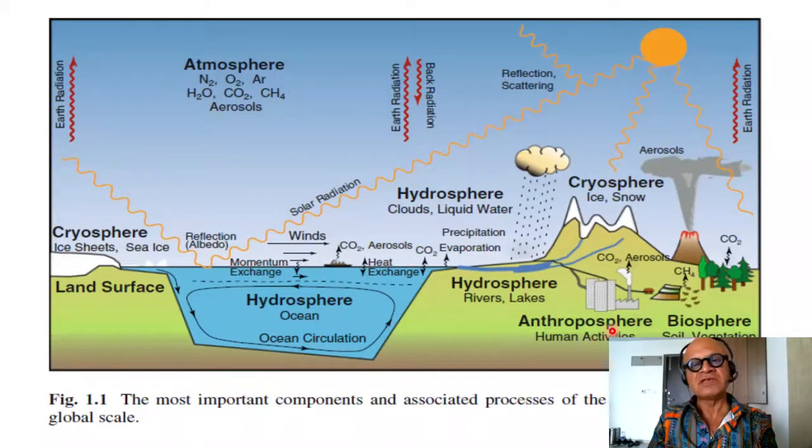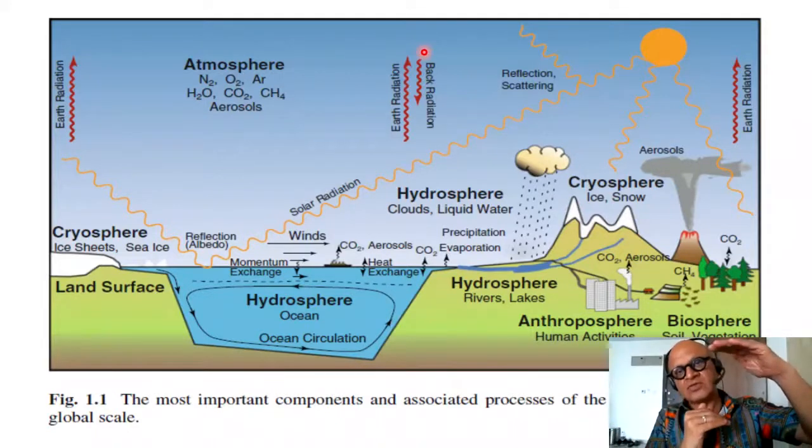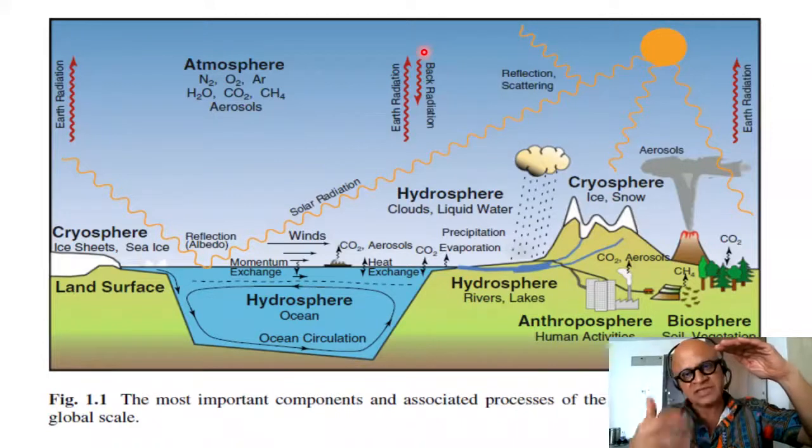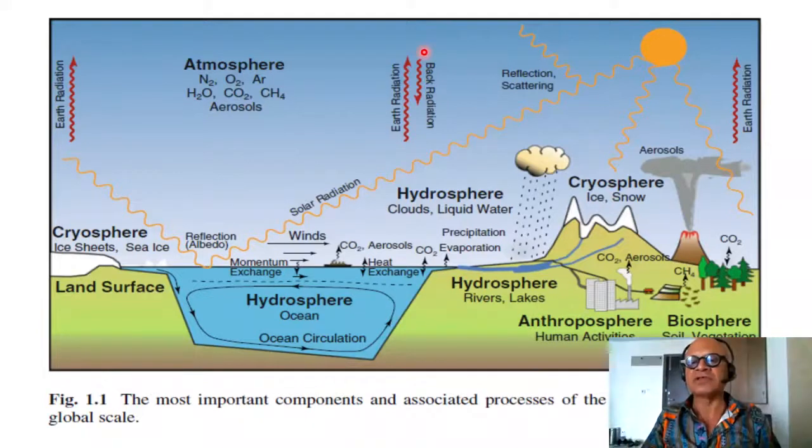So human activities are beginning to act as a forcing, which means they are beginning to change the balance at the top of the atmosphere. Typically, when we say forcing in a climate context, we mean anything that changes the balance of energy at the top, because that translates to warming and the cascading effects on winds, humidity, rain, sea level rise, glacier melt, and so on and so forth.